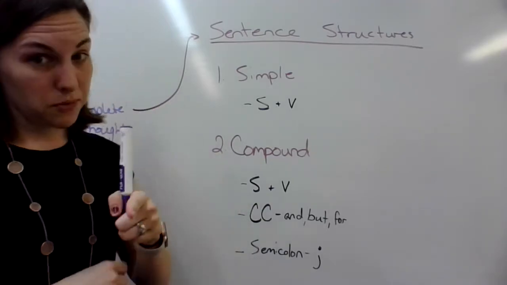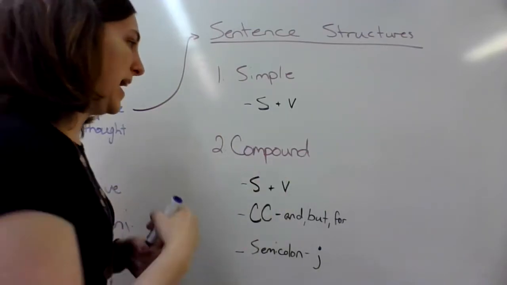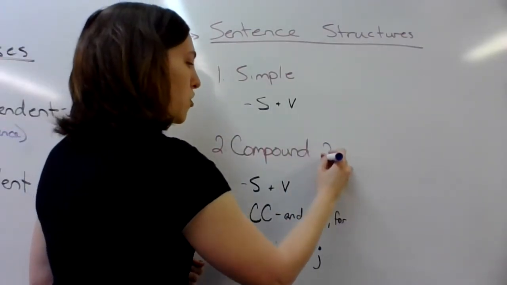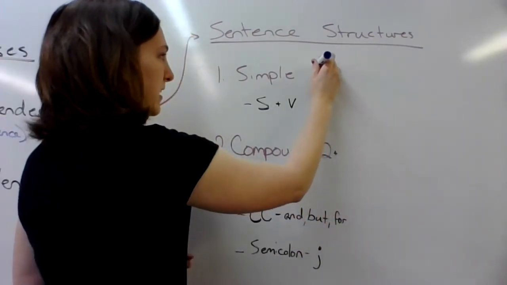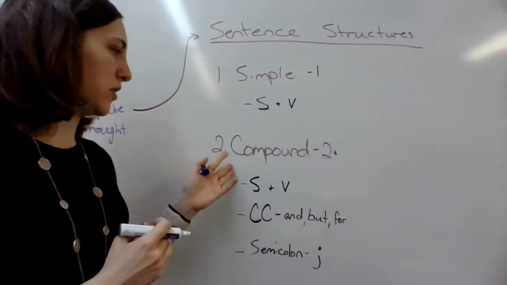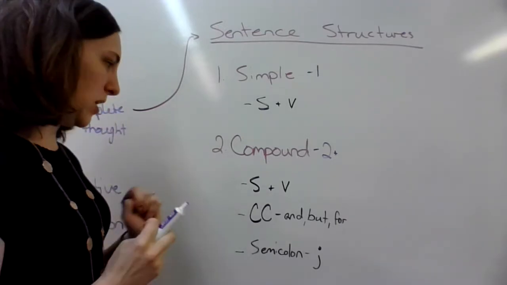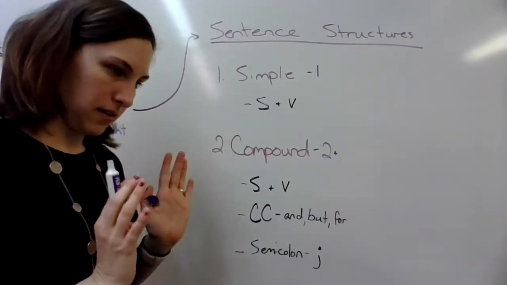Compound, if you remember what compound means, two or more, okay? So compound would be two or more sentences, and a simple sentence is just one sentence, okay? But how are the compound sentences put together? They have a subject and a verb. It's a complete thought.